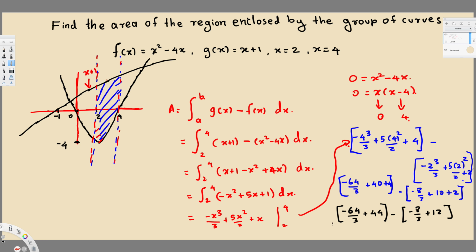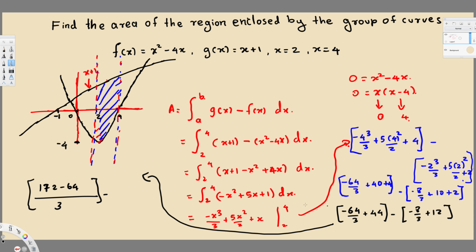If we take 3 as the common denominator, we have to multiply this 44 by 3. We know that 44 times 2 is 88, plus 4 is going to be 92, 92 plus 80 is going to give us 172, right? So 172 minus 64 is going to be the first value. And minus, we have this one. If I take 3 as the common denominator, this is going to give us 36 minus 8, right?